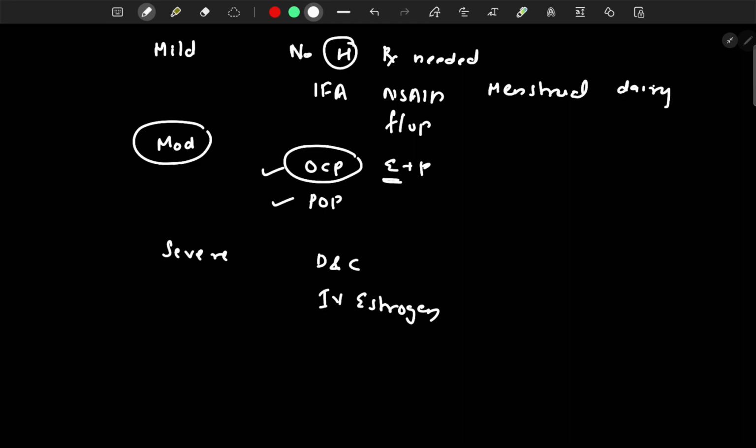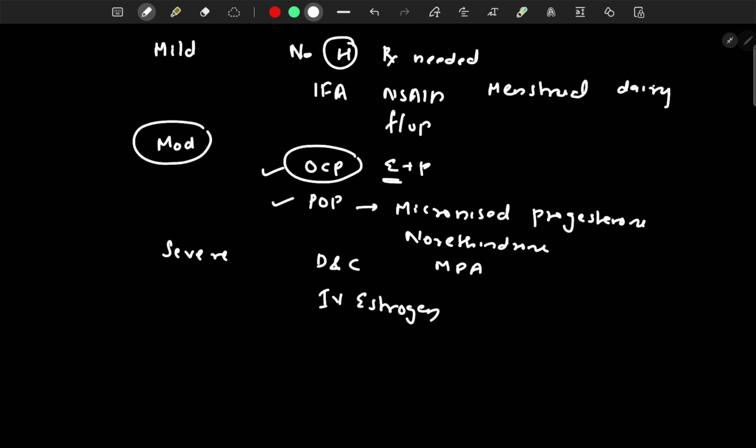The progesterone-only pills can be given orally, and we have micronized progesterone 200 mg daily, or norethindrone 5 mg per day, or MPA, that is medroxyprogesterone acetate, 10 mg per day. This can also be given as Mirena.